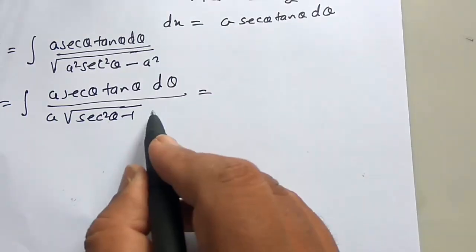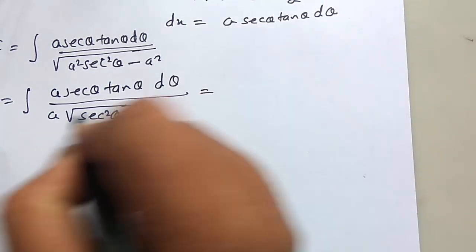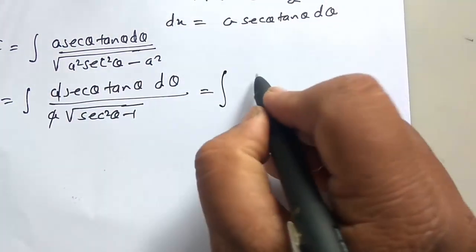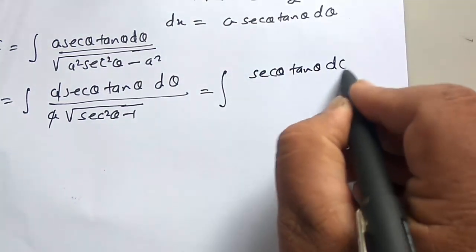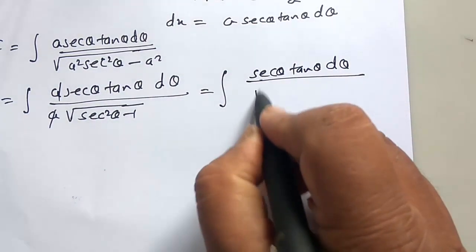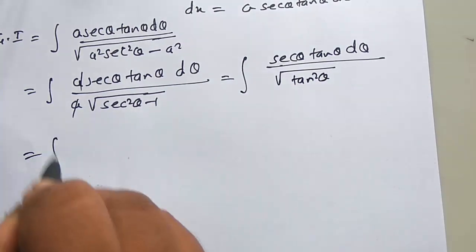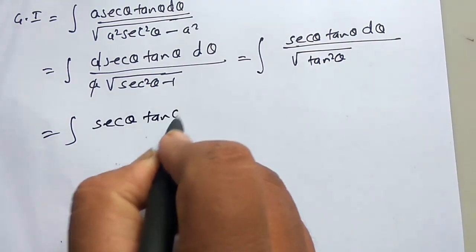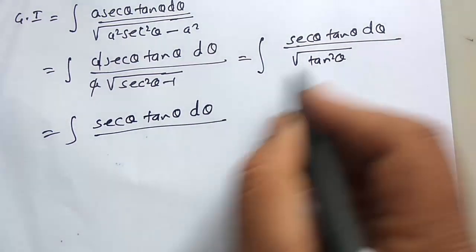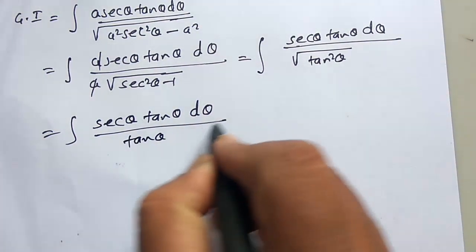Sec square theta minus 1 is tan square theta, identity number 2. So, a gets cancelled, integration of sec theta tan theta d theta upon under root of tan square theta, which becomes tan theta.